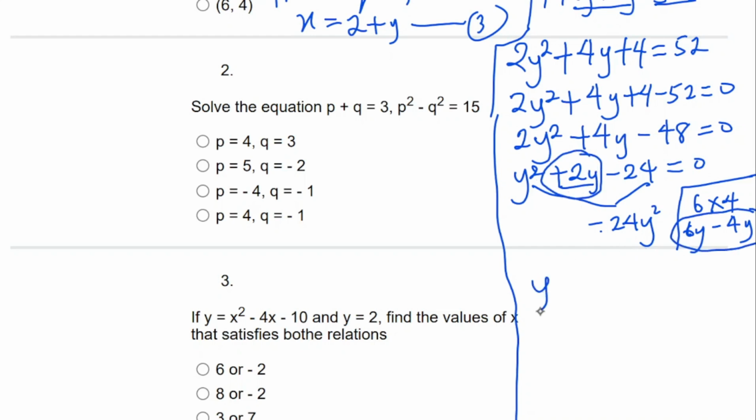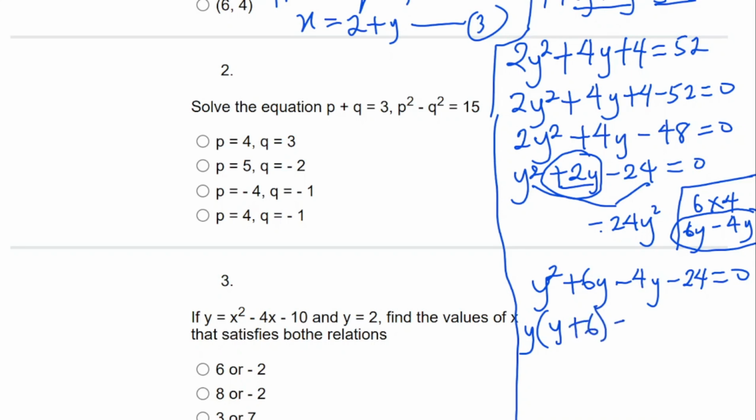So we then have y squared plus 6y minus 4y minus 24 equals 0. There are now 4 terms. We can then simplify further by saying what is common to y squared and 6y. That is y is common. You open it, so that's going to give us y plus 6.